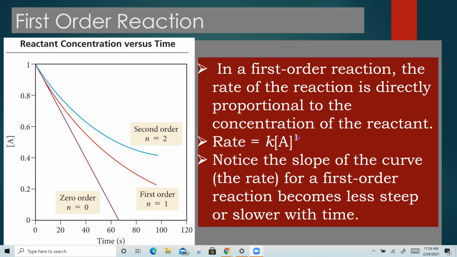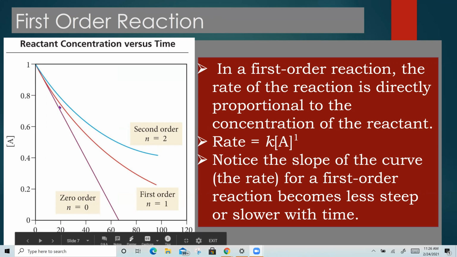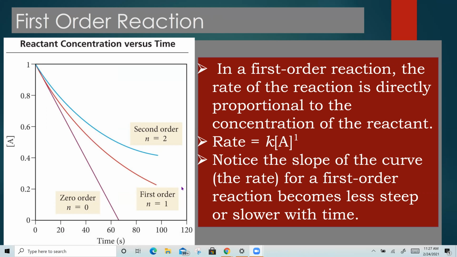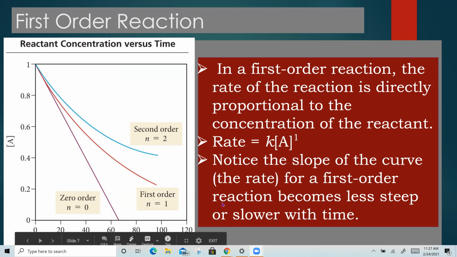Notice the slope of the curve will give us the rate. For a first order reaction, it becomes less steep, or slower, with time. That's because as the concentration decreases, the rate slows down. It's converting from A to products at a slower pace because the concentration is decreasing over time. As the concentration decreases, the rate gets slower and slower, so it's not like a 0 order where it just keeps going at the same rate.